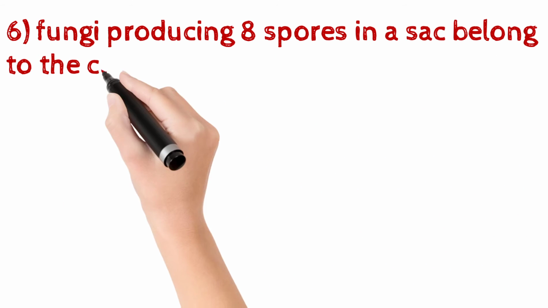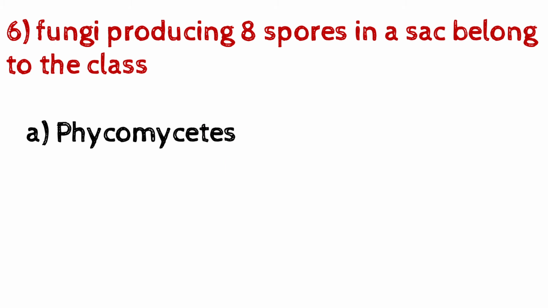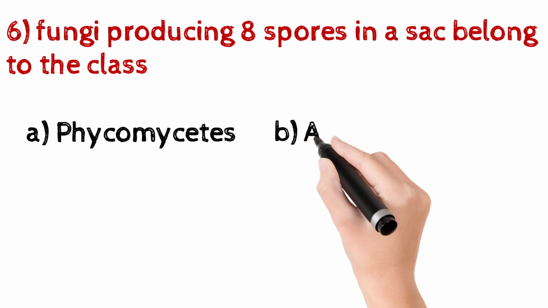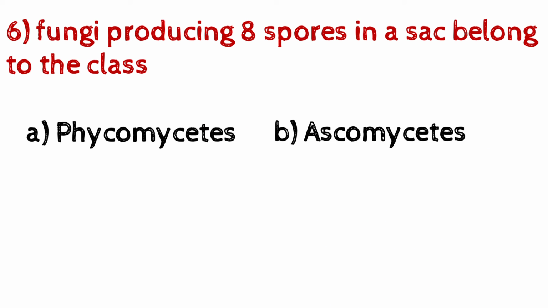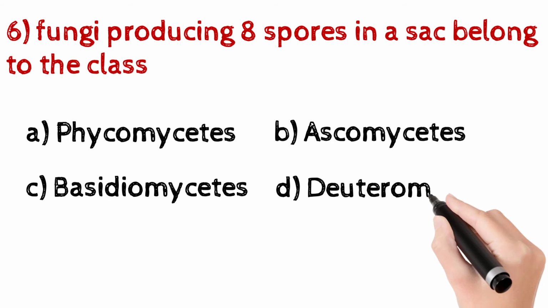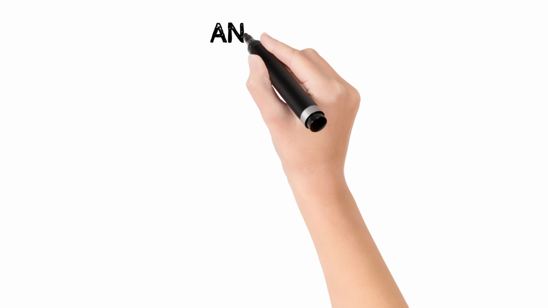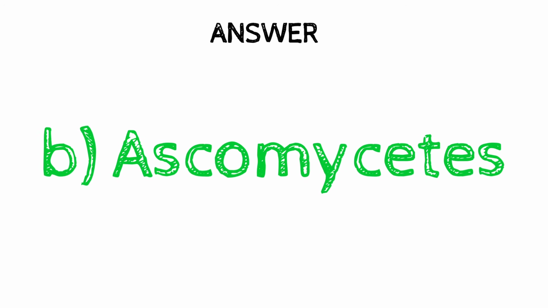Question number 6. Fungi producing 8 spores in a sac belong to the class: A, Phycomycetes, B, Ascomycetes, C, Basidiomycetes, D, Deuteromycetes. And the answer is B, Ascomycetes.